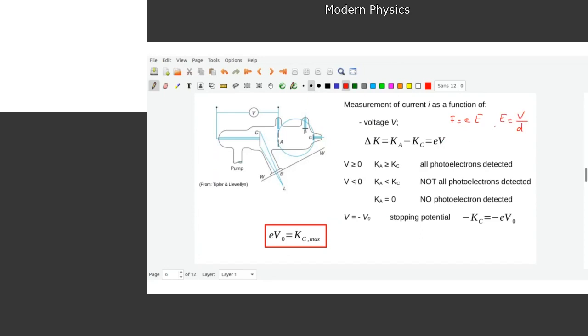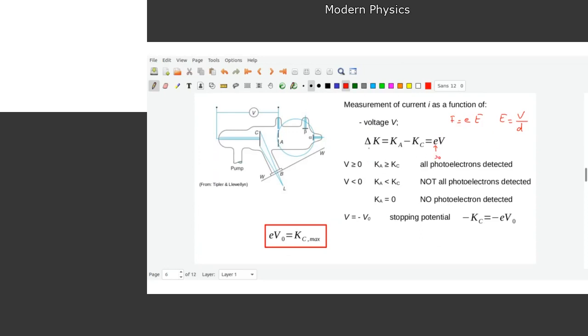And so when you multiply the force by the distance to get the work, you have this expression. So let's have a look at this equation. We can see that this is the positive value of the elementary charge of the electron.